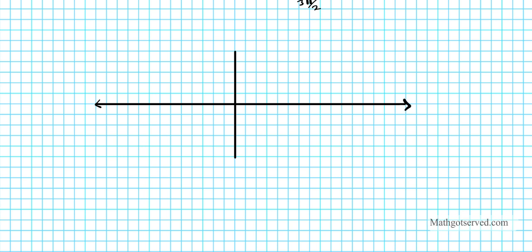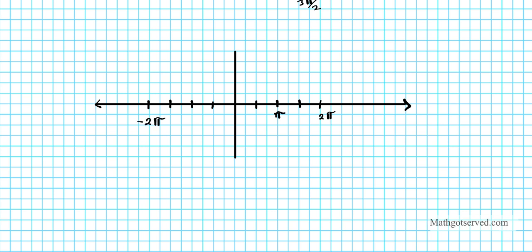So let's use 2 boxes for a tick. So 1, 2, 3, 4. That's 2 pi right there. That basically tells you that this is pi over 2, and this is 3 pi over 2. Same to the left: 1, 2, 3, 4. That's negative 2 pi.